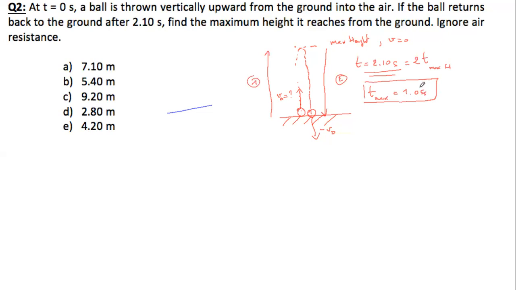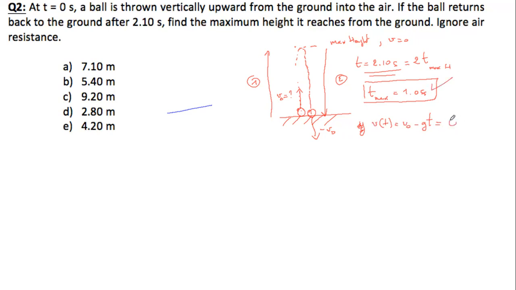Now, once I get the time for maximum height, I can use this formula. Before I talk about y, let me just say that v at maximum height is v naught minus g t.